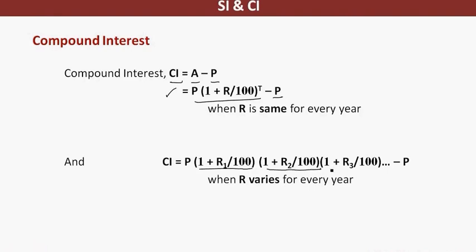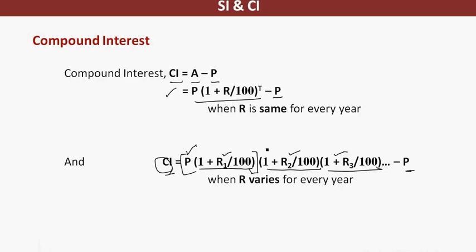If the rates are changing every year, I will not be able to raise to the power t. I'll be multiplying different multiplying factors for each year to get to a final value. So initial value into the factor for first year, the factor for second year, the factor for third year would give me my amount at the end of n years. Subtract principal from it to get your compound interest.